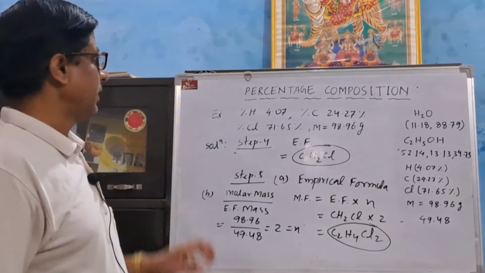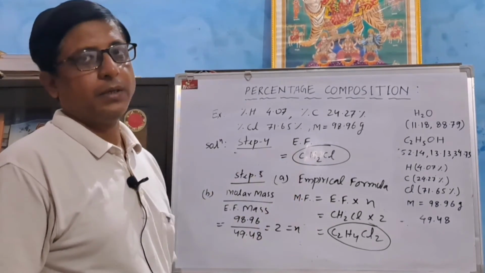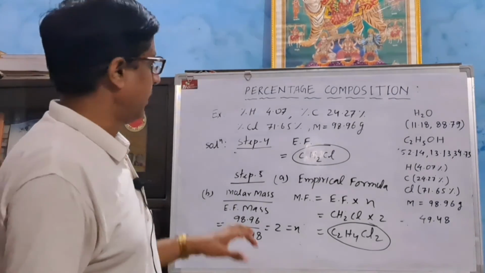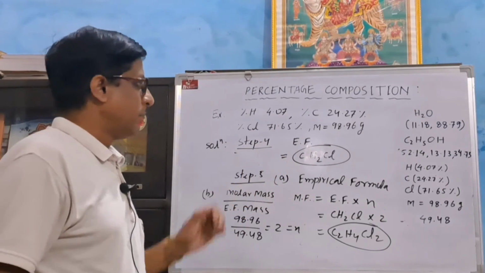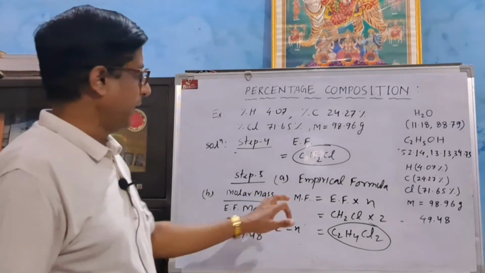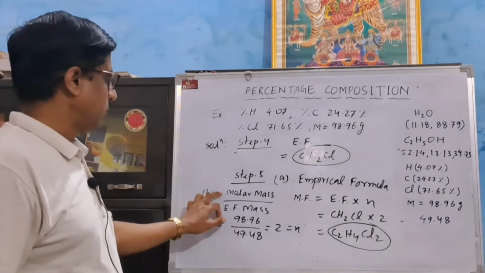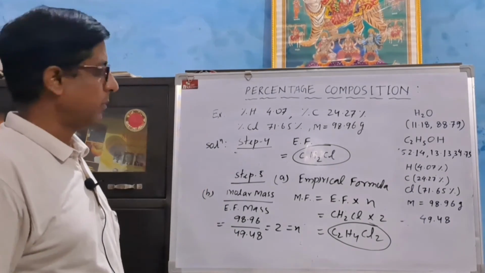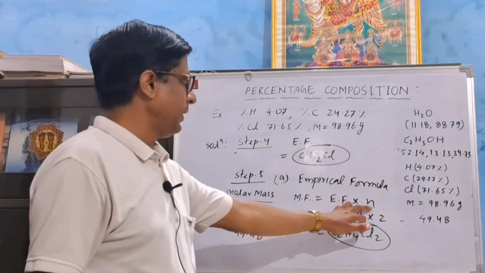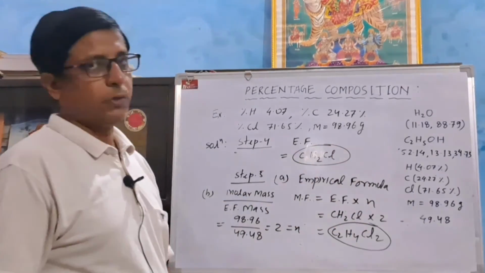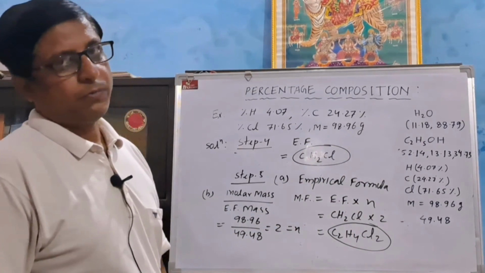In the fourth step, by the simplest ratio, we obtain the empirical formula. In the last step, we determine the molecular formula. First, we determine the empirical formula mass, and by the ratio of molar mass and empirical formula mass, we obtain the coefficient n, and by multiplying the empirical formula by coefficient n, we obtain the molecular formula.